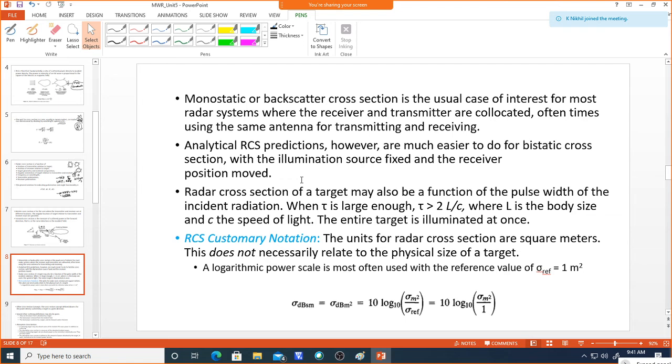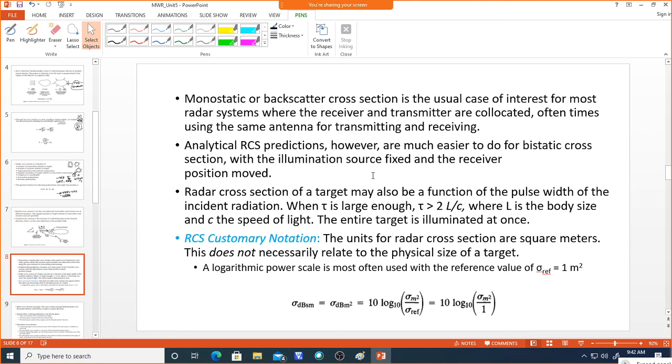If you place the receiver at different locations outside the building, we can get the RCS predictions. That is one example: fixing one transmitter at one position and moving the receiver.